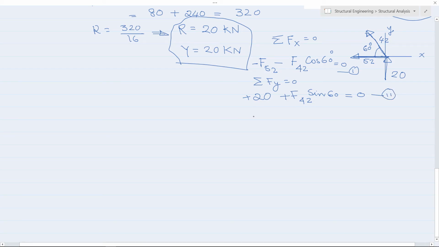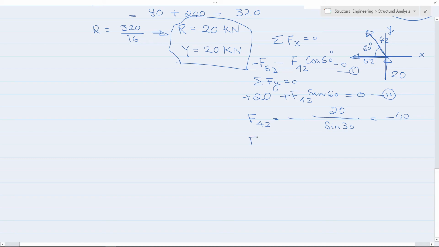If I solve equation number 2, F42 will be equal to negative 20 divided by sine 30. Sine 30 is half, so it will be minus 40.